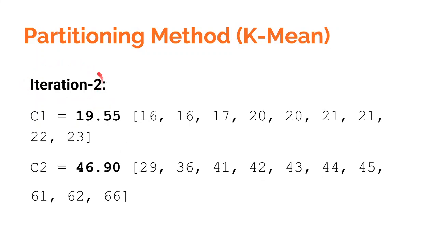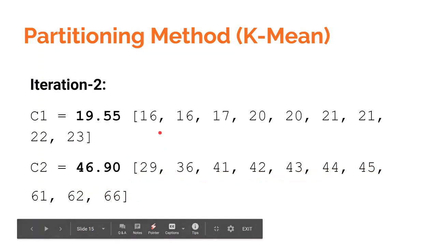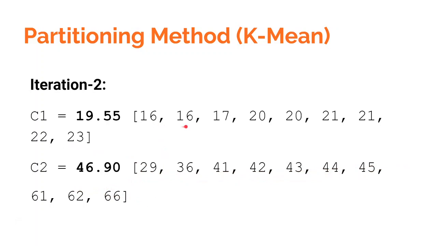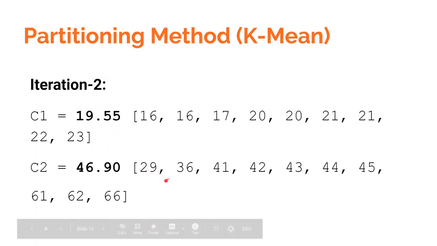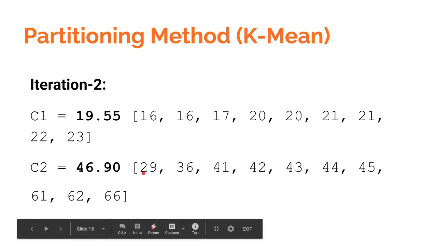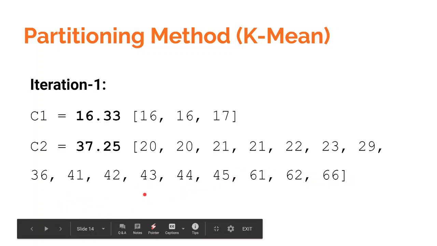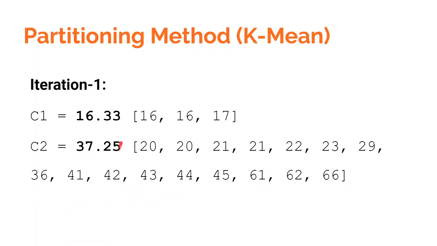So in the second iteration, I have got this cluster 1 and this cluster 2. The values in cluster 1 are 16, 17 up to 23, since all these values are nearer to the first centroid. In the second cluster, the values are 29 to 66, since all these values are closer to the second centroid mean value, which is approximately 38.